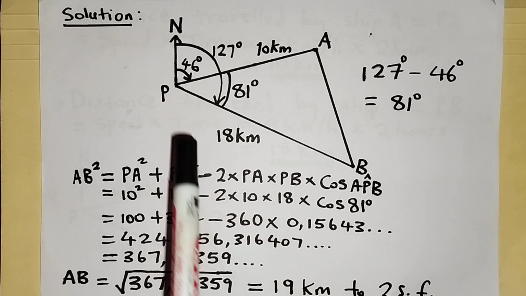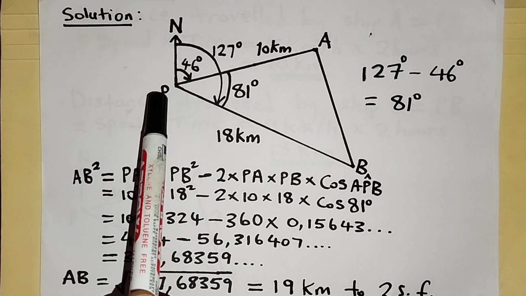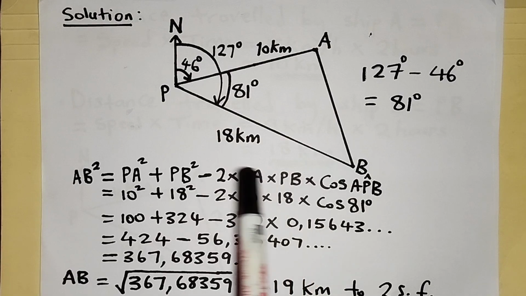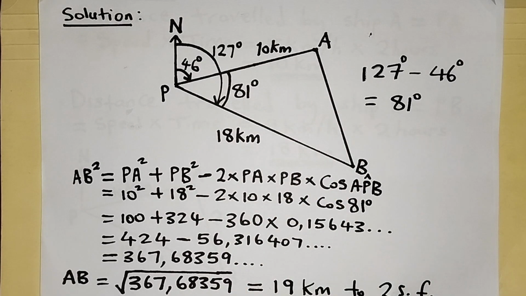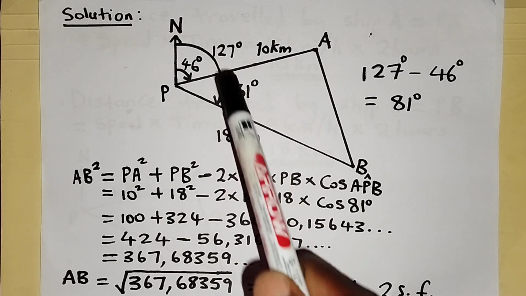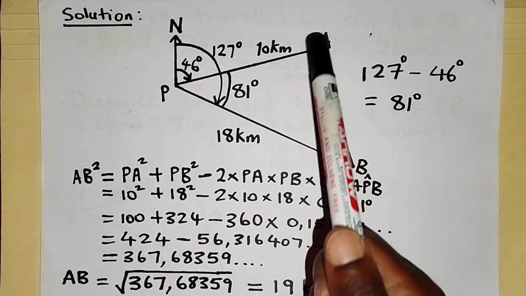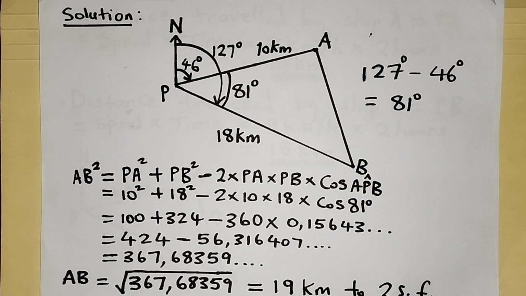Here I know the length of PB, which is 18 kilometers, and the length of PA, which is 10 kilometers, and the angle between them is 81 degrees. So I want to find this third side, AB, which is the distance between the two ships after they travel for 2 hours.